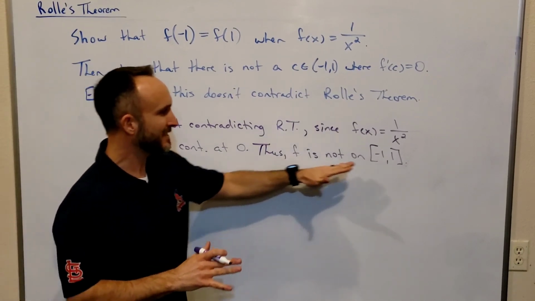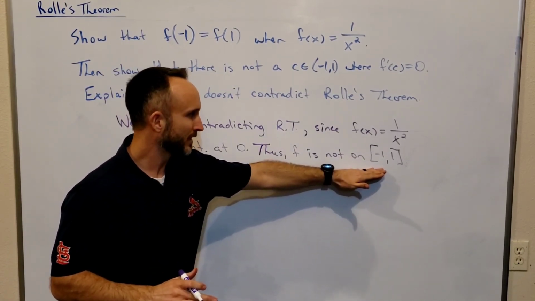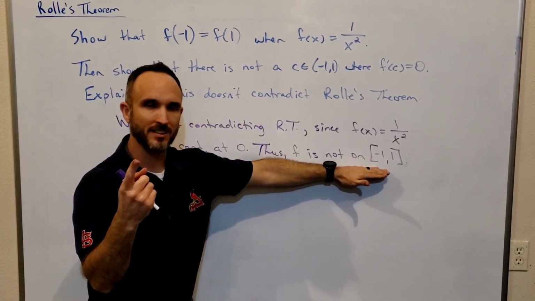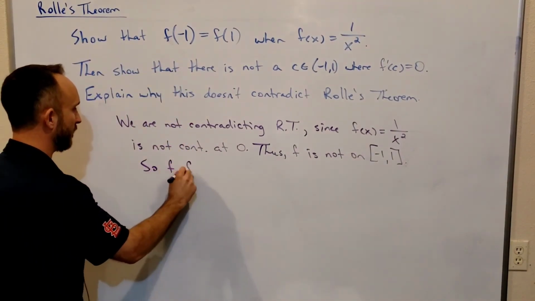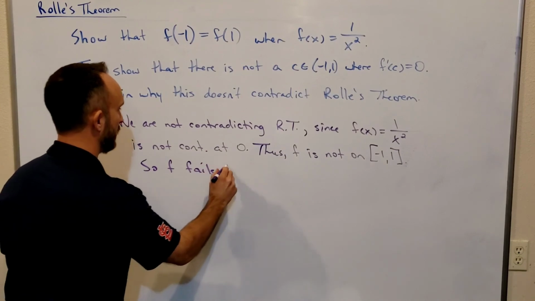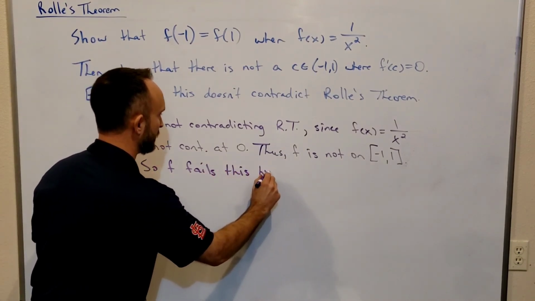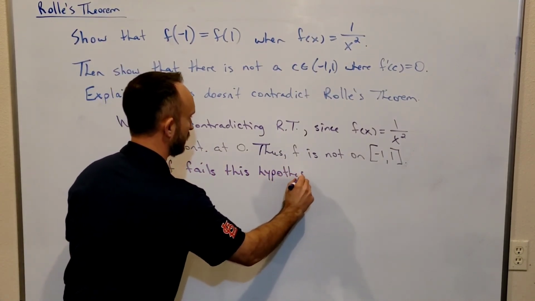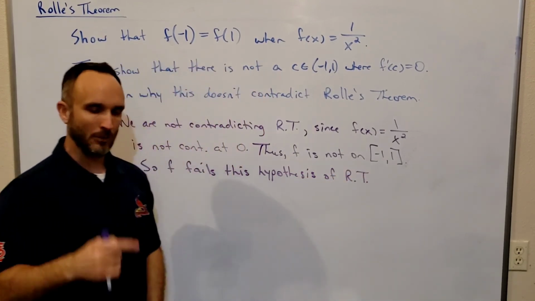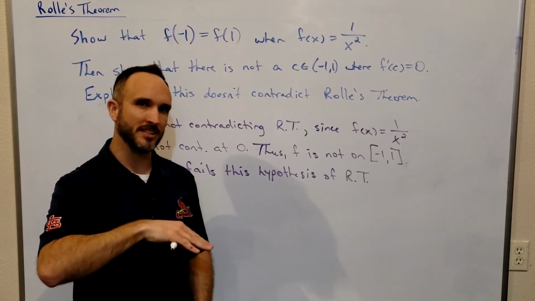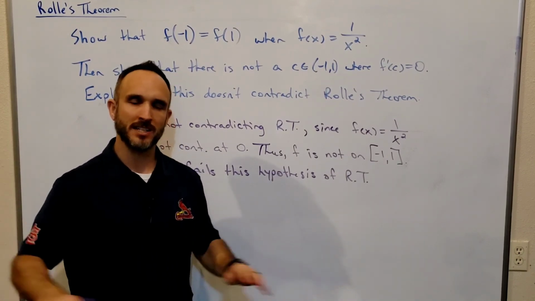And if f is not continuous on the closed interval, that's one of the hypotheses of Rolle's theorem. So f fails this hypothesis of Rolle's theorem. And once you don't meet one of the hypotheses of a theorem, you have no guarantees anymore.